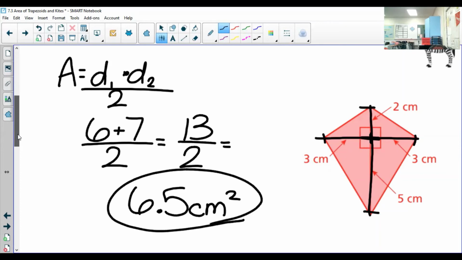Okay, I'm just going to do 2 examples of these also because they're pretty straightforward. You find the diagonals, multiply them, and divide by 2.